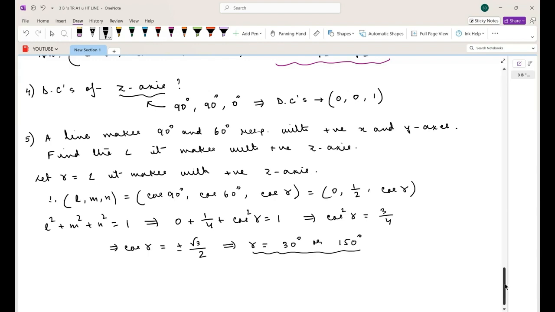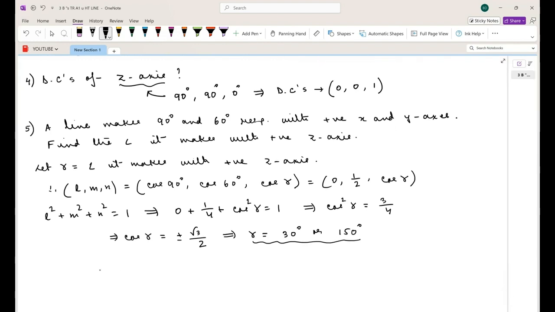But when we take the angle between two lines, remember in class 11 we learned that when we are asked to calculate the angle between two lines, there are actually two angles, one acute, one obtuse. Conventionally we find the acute one, and the obtuse is obtained by 180 minus the acute.